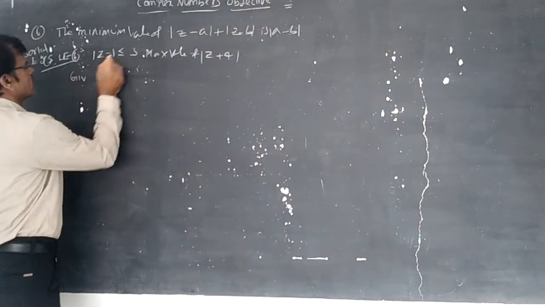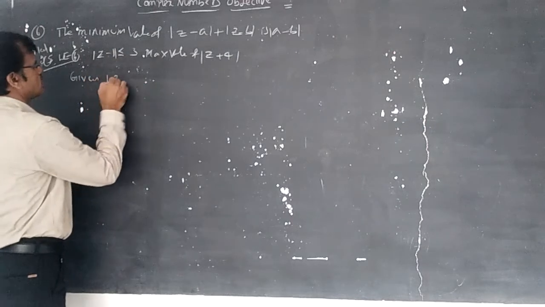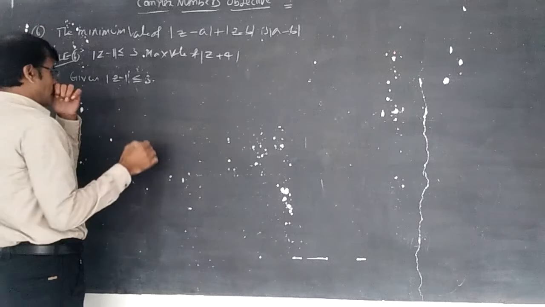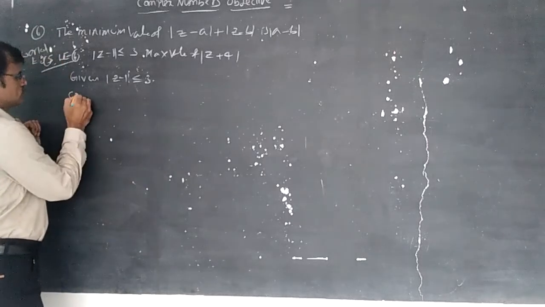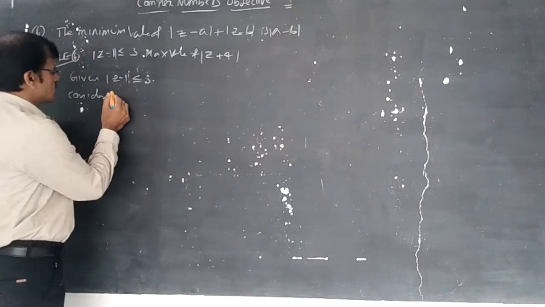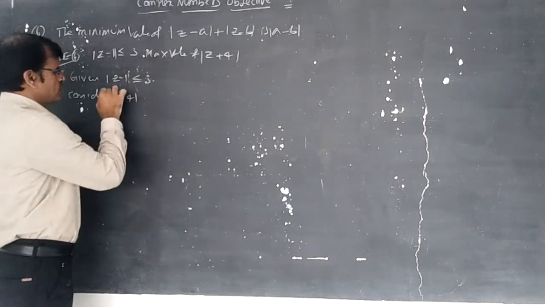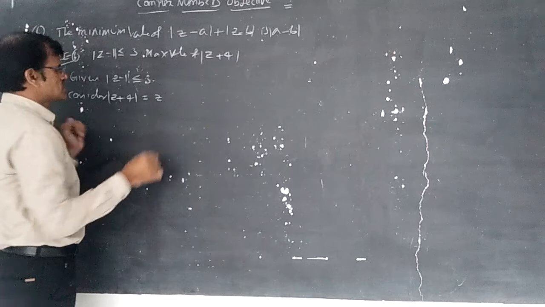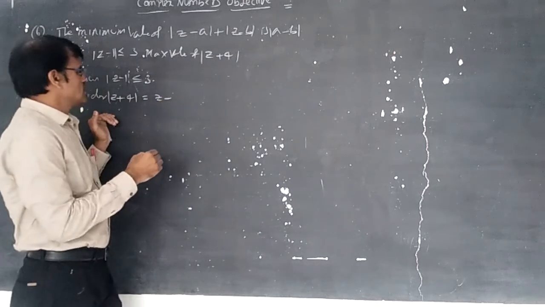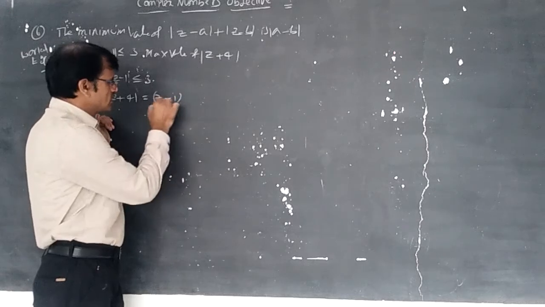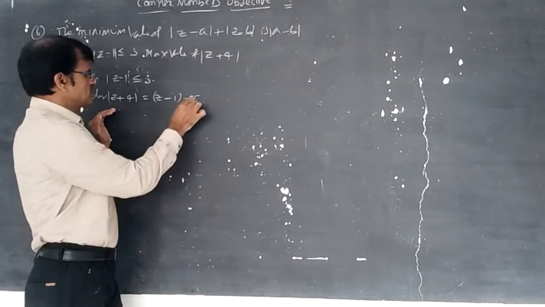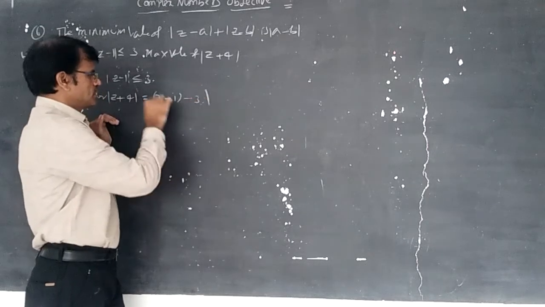Given modulus of z minus 1 less than or equal to 3. Consider modulus of z plus 4. You can write this as modulus of z minus 1 plus 5. No, it is minus 3 like this.